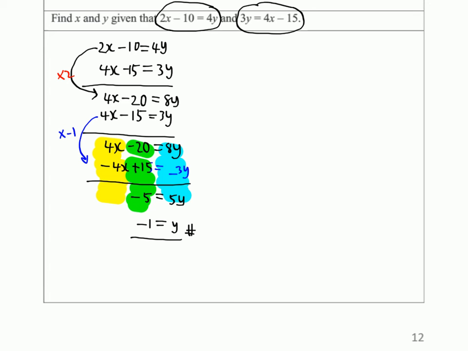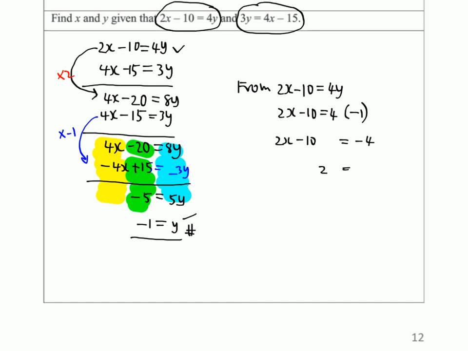Now if I want to find the x, pick one where x is positive. That's that. So from 2x minus 10 equals 4y, I know that 2x minus 10 is equal to 4 times y. We know y is minus 1, so that's minus 1 there. So 2x minus 10 is equal to minus 4.